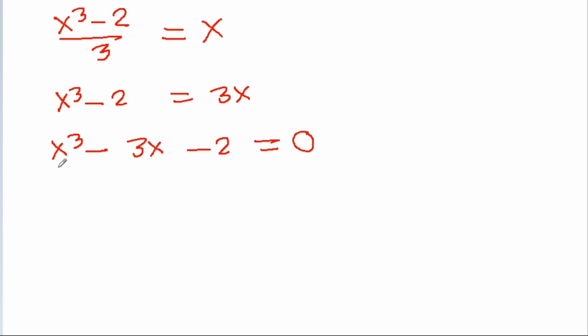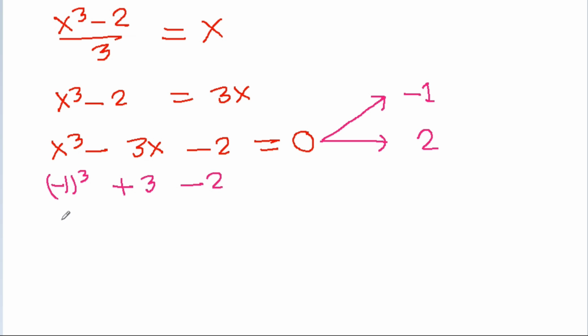Since it is a cubic equation, by hit and trial method we can get minus 1 is a solution, because minus 1 cube plus 3 minus 2 is 0. We can also get 2 is a solution, because 2 cube is 8 minus 6 minus 2 is 0.